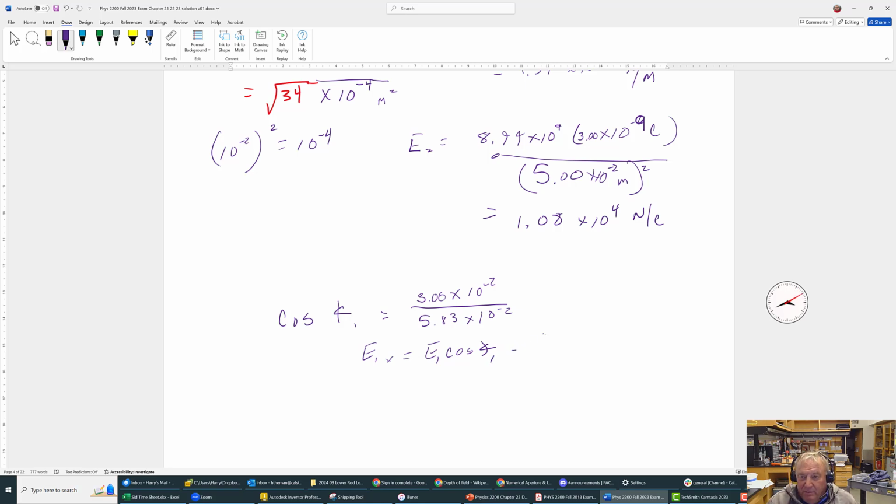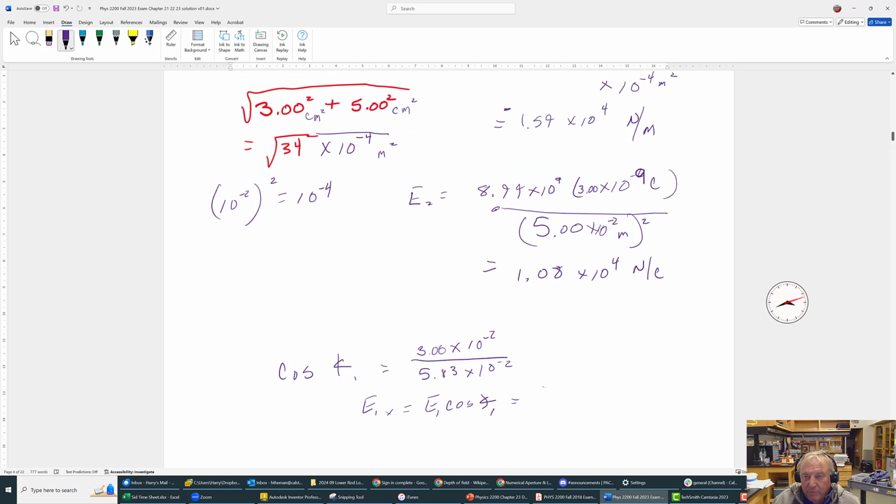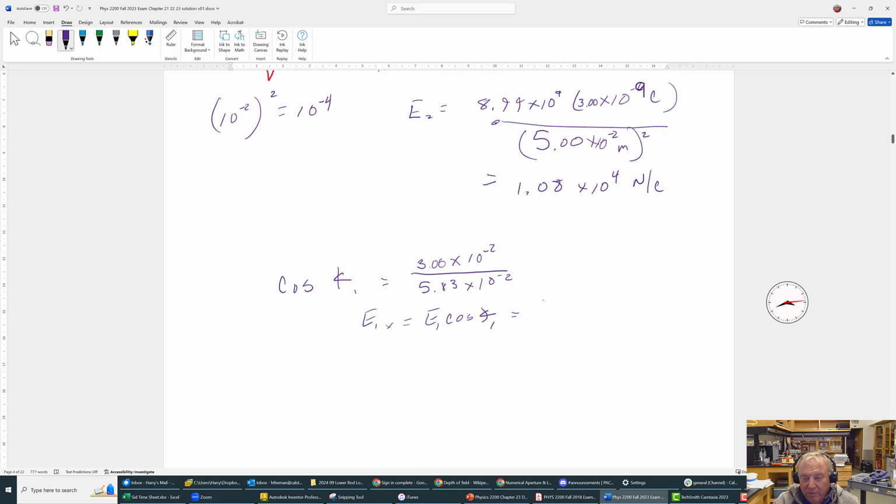And that becomes 1.59 times 10 to the 4th newtons per coulomb. And this is the cosine of that angle 1. It's just these two numbers, right? So what we have to do is divide 3 by 5.83, actually.